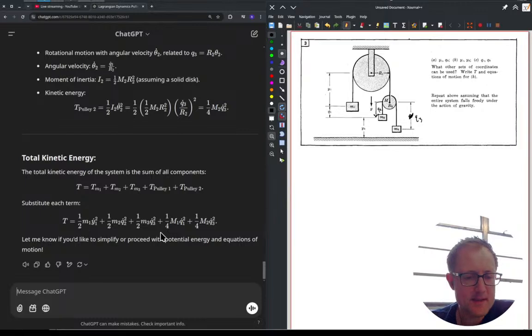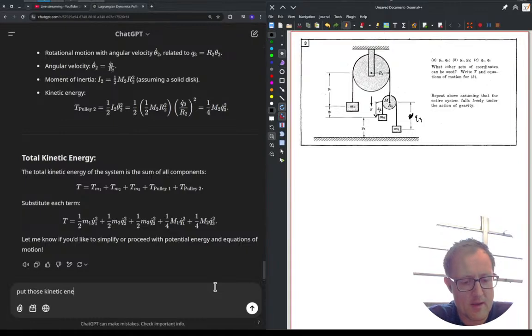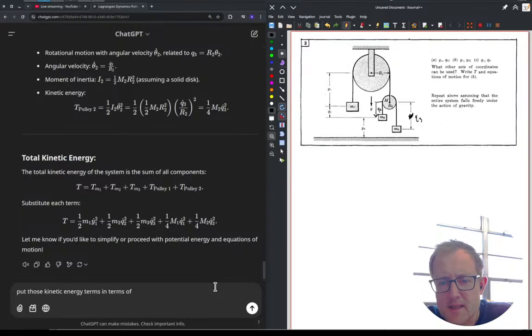Cool. So it did give us all 5 kinetic energies. So put those kinetic energy terms in terms of, let's say, y1 and q2.